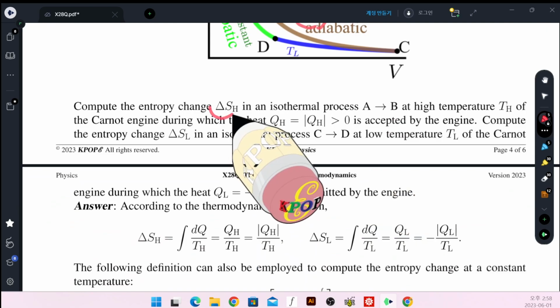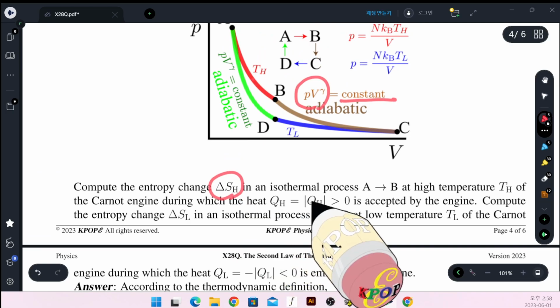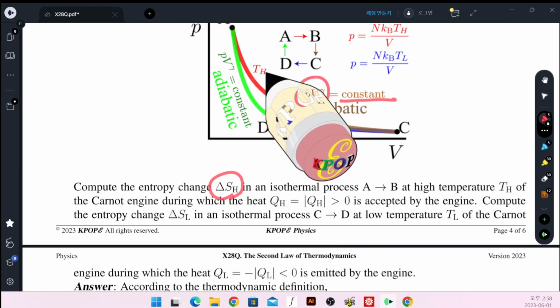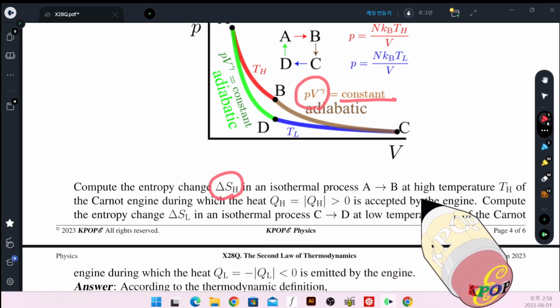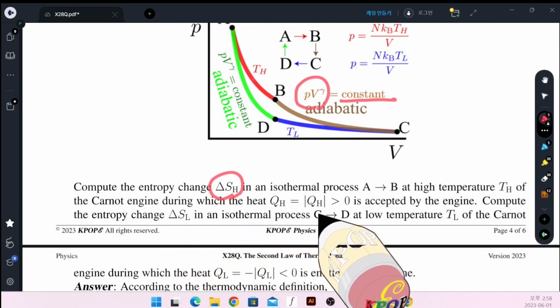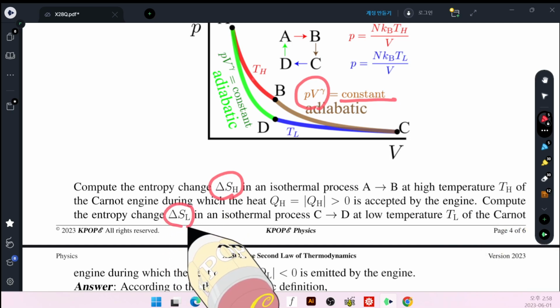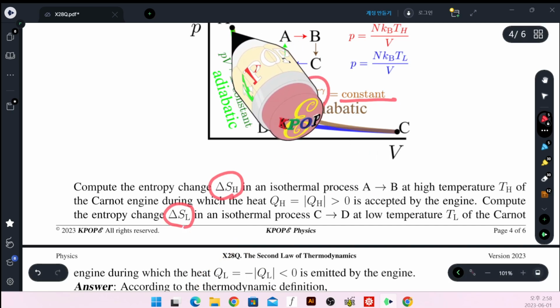Compute the entropy change delta SH in the isothermal process A to B. This is accepting heat, so entropy will be increasing at the temperature TH of the Carnot engine, during which the heat is accepted by the engine. Compute the entropy change SL, and we return to the same place.